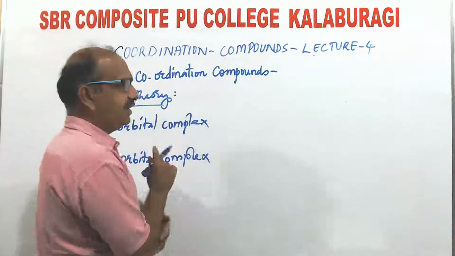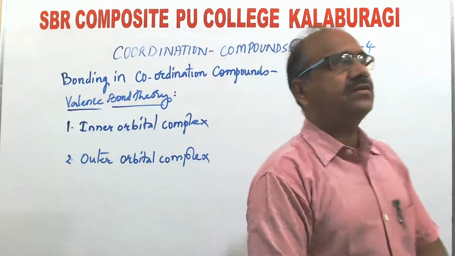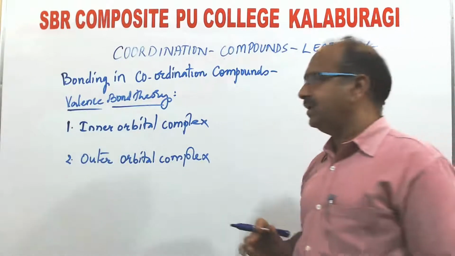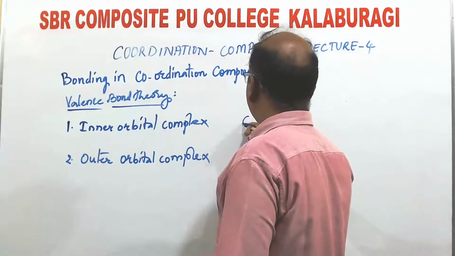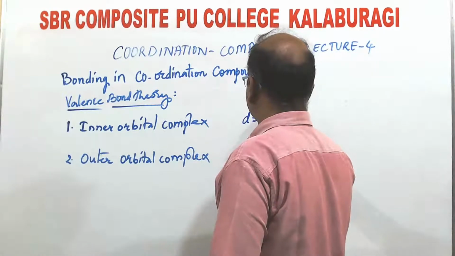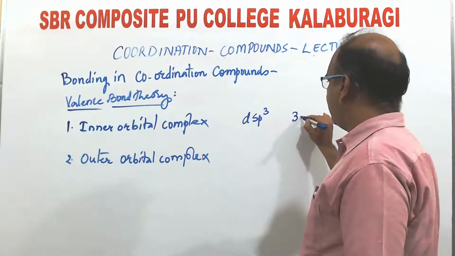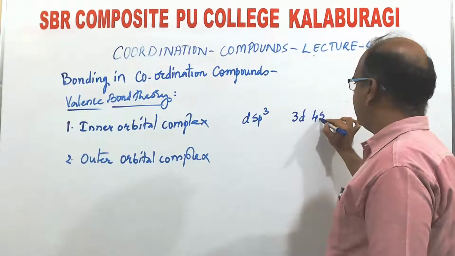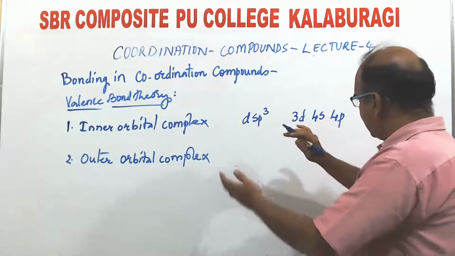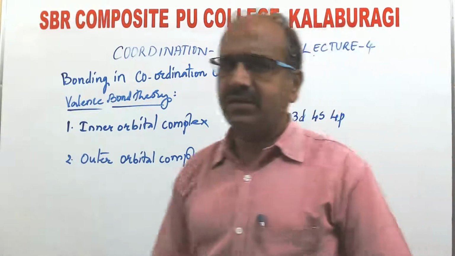Now, what is the meaning of inner orbital complex? Suppose for a metal atom, dsp3 hybridization is there. The meaning of this dsp3 is the 3d orbital, the 4s orbital, and the 4p orbital, in that arrangement itself.